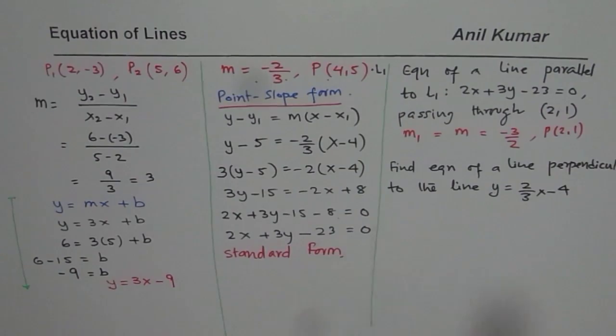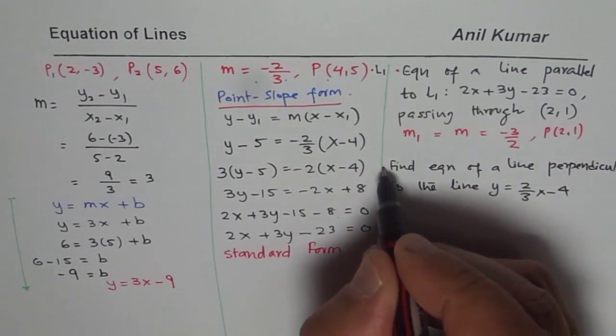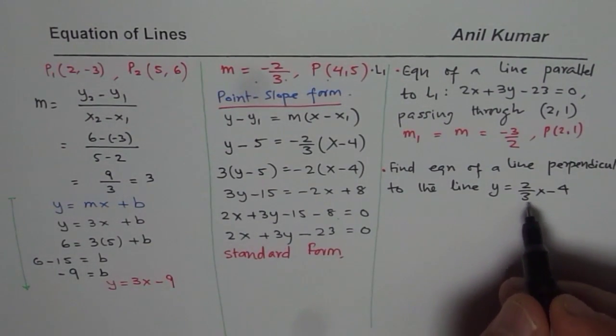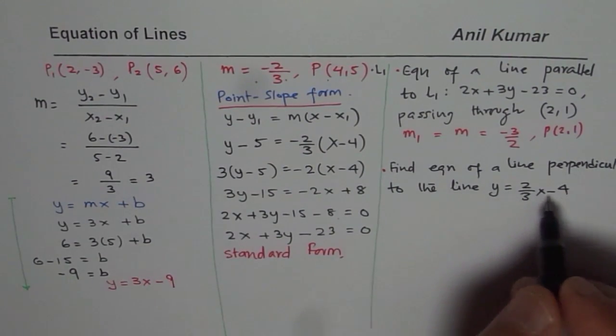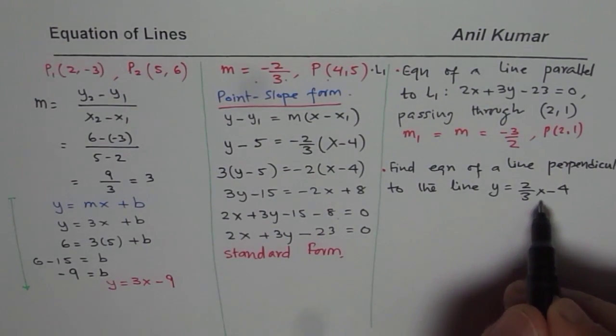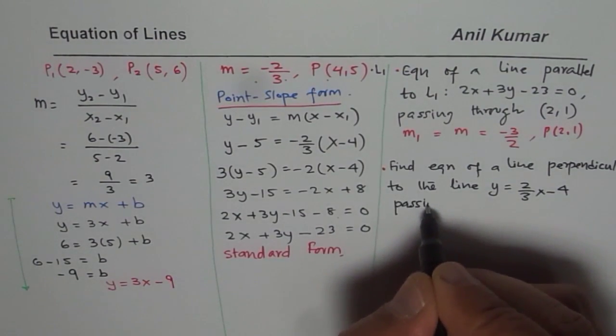Now if I say find the equation of a line perpendicular to the given line, it means what? It means that the slope will be the negative reciprocal of the given slope, right? So let me give you one more condition here. Find the equation of a line perpendicular to the line y equals 2 over 3x minus 4 passing through the origin.